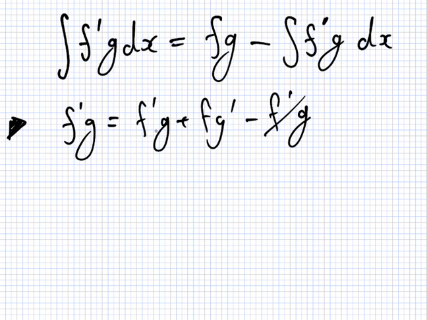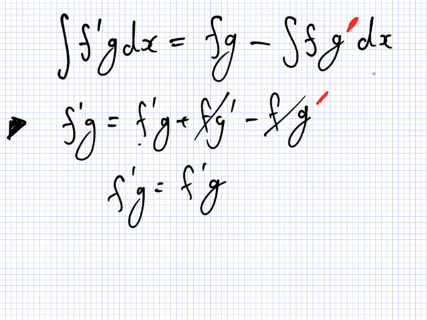So that cancels with that, that cancels with that. Oh sorry, I put my little dash on the wrong one here, that goes on the g. Okay, so now that one cancels with that one, and we're left with these two.